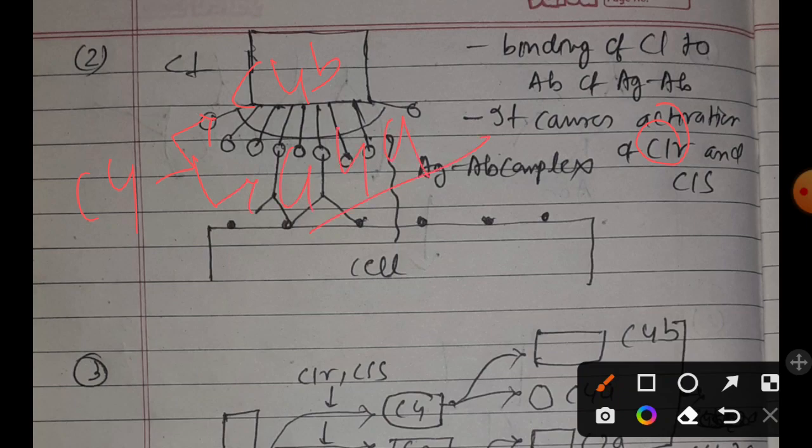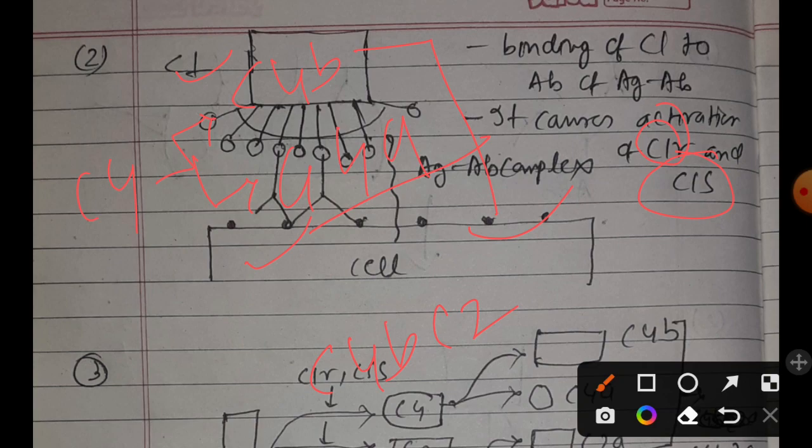Now please tell me which part will be larger and which one will be smaller. I hope you can guess. So C4b is the larger part and C4a is the smaller part. C4b will take part in the further reaction and C4a will dissociate. Now this C4b will bind with C2 and expose C2 to the action of C1s, that is the second serine protease.